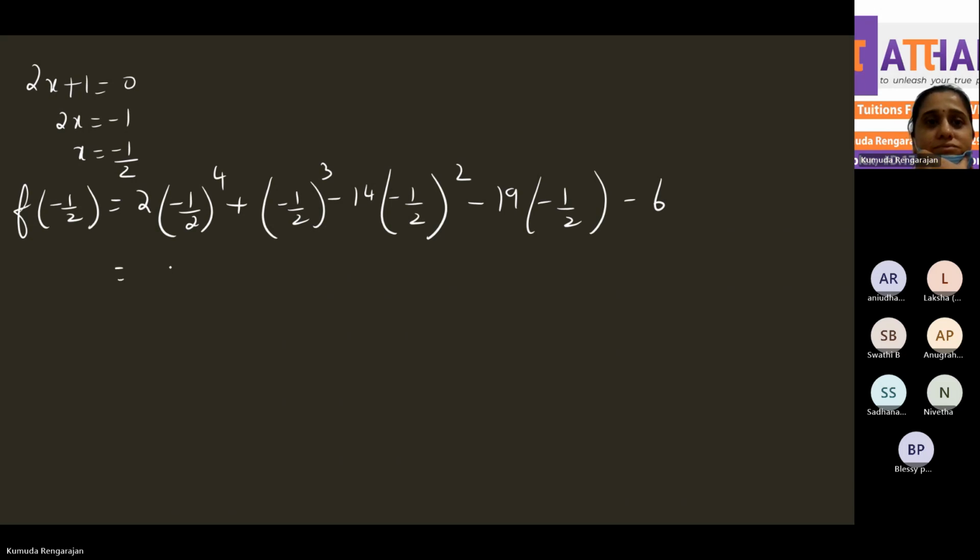Are you following, Mohit? What is minus 1 by 2 to the power 4, Mohit? What is 1 by 2 into 1 by 2 into 1 by 2 into 1 by 2?